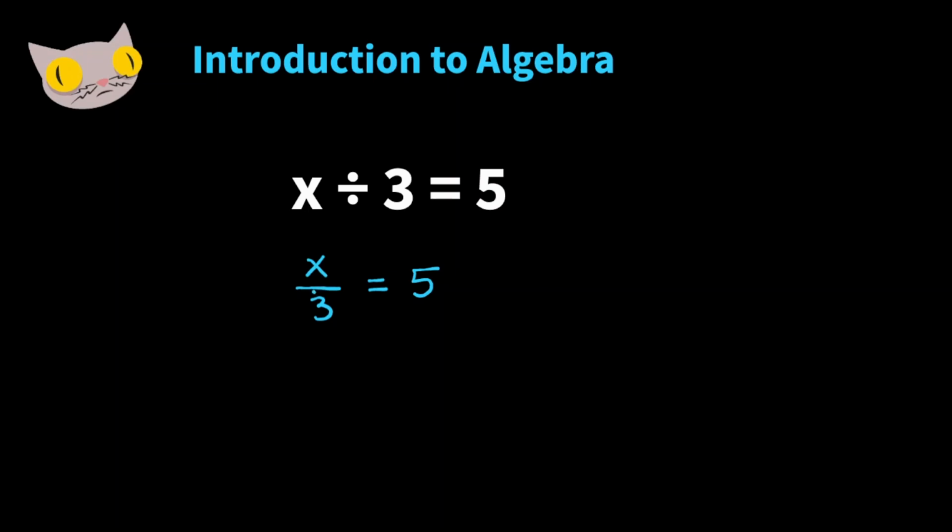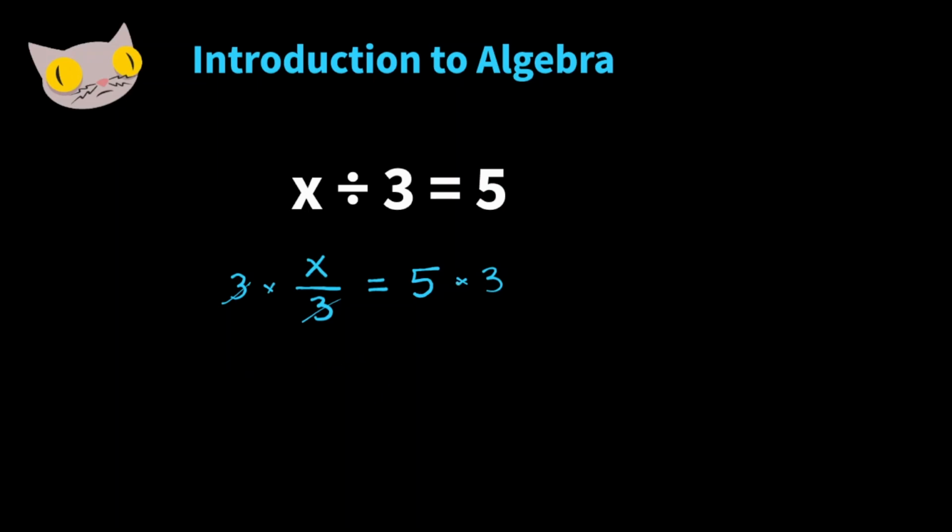So now we're dividing. Let's do the opposite to both sides. Again, balancing the problem. So we'll multiply 3 on both sides. These will cancel out because 3 times a third is equal to just 1.